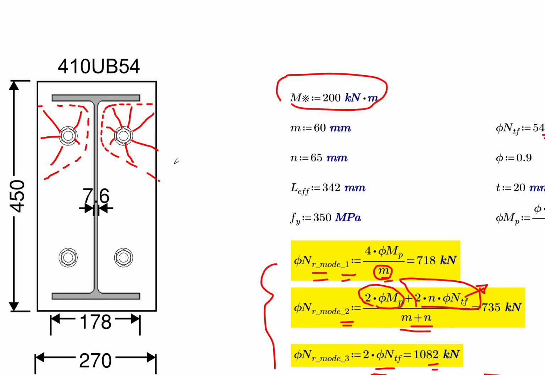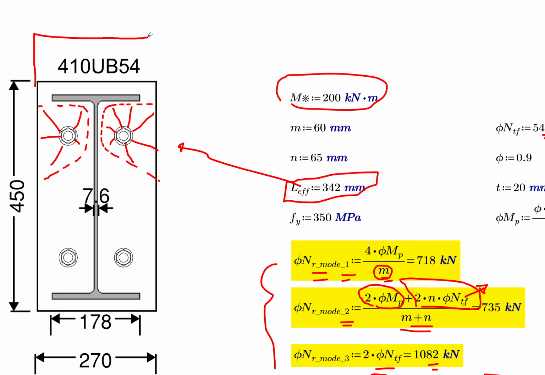The important thing is the T-stub length, L effective. There's a formula for it, and in fact there are many formulas associated with L eff depending on the geometry you have.